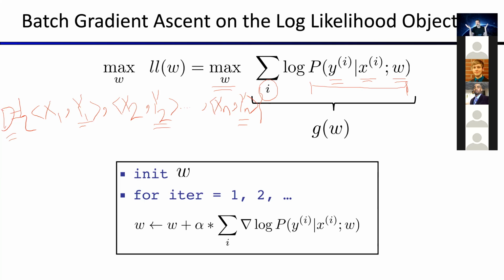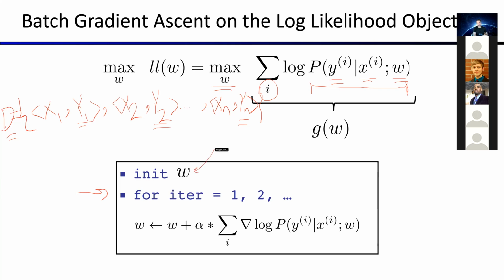Typically, you want to split your training set into two different sets. You want to use one set in this procedure, and another set as held-out data in order to check when it makes sense to stop. And we discussed how you can make that decision in the previous lecture. So again, we do really the same procedure as in gradient ascent.